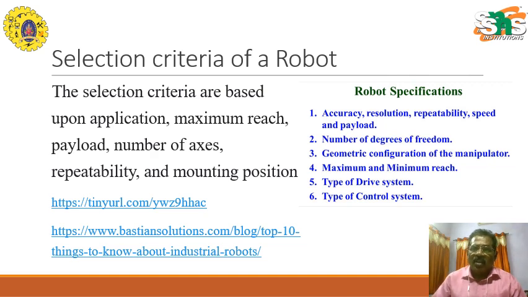For academic purposes, it is enough that we understand that a robot is specified by its accuracy, the resolution it can achieve, and the repeatability, meaning how it can come to the same point multiple times. Then the speed and the payload. Payload is the amount of weight that it can carry. Then the number of degrees of freedom, the geometric configuration of the manipulator, and the maximum and minimum reach.